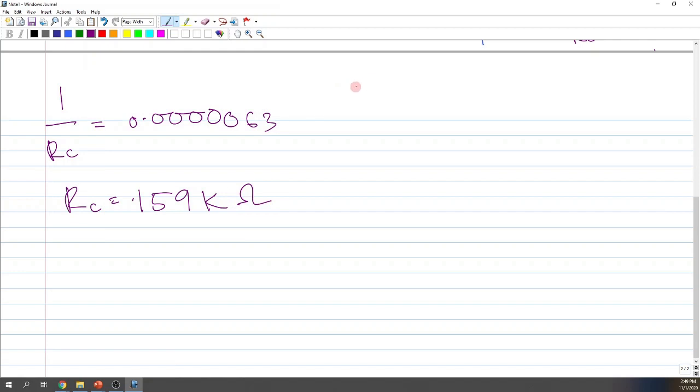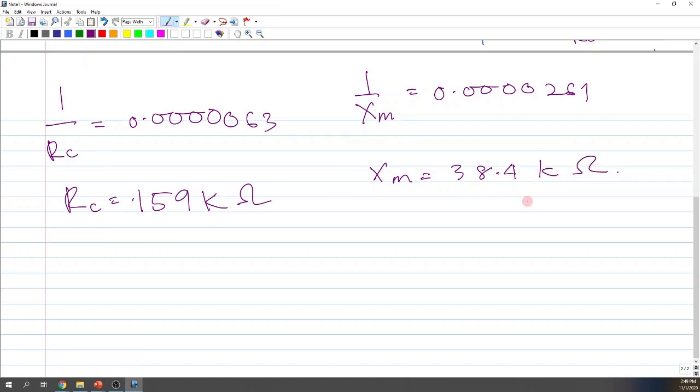Okay, and the XM, 1 over XM is equal to 0.00000261. Okay, and XM is equal to 38.4 kilo ohm. Okay, so then kita dah dapat lah kat sini.